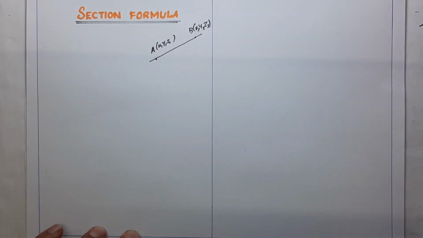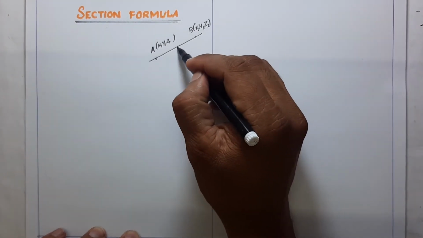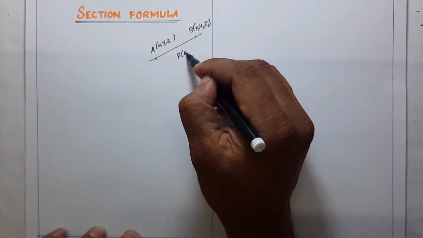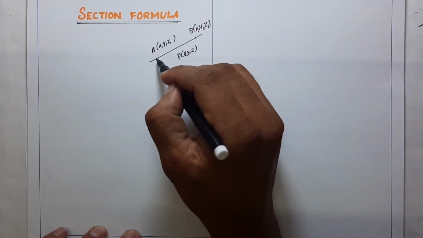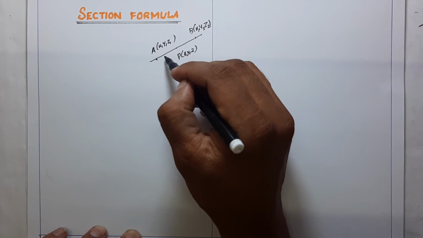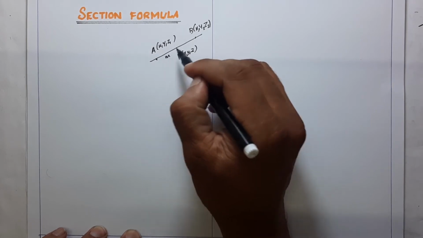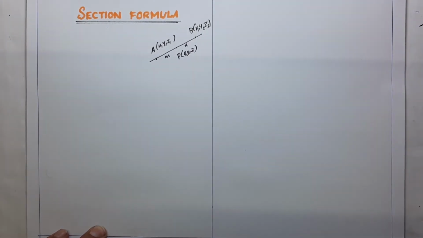Suppose we want to find a particular point P. The required point is represented by the coordinates (x, y, z), which divides AB in the ratio m:n.